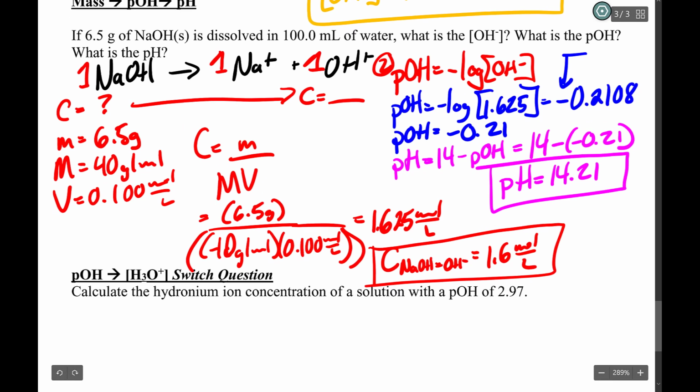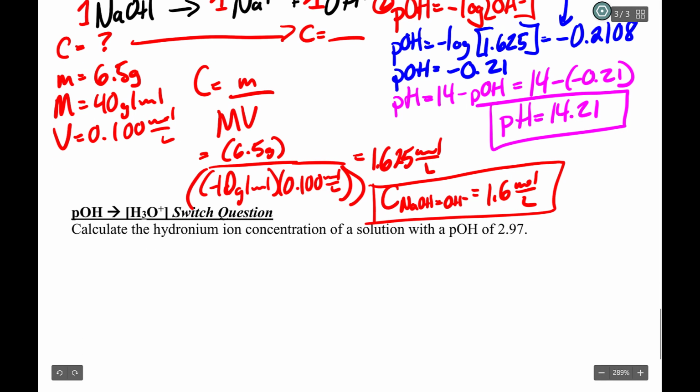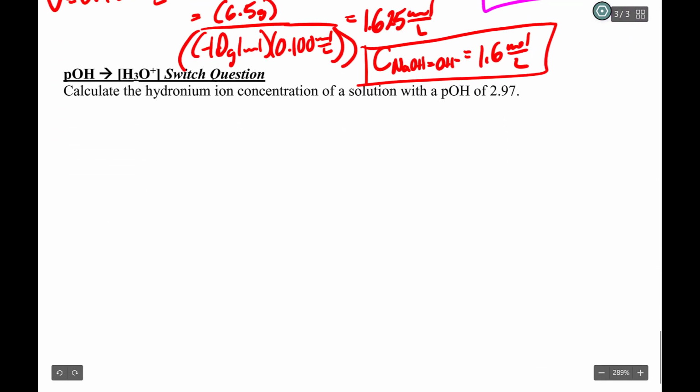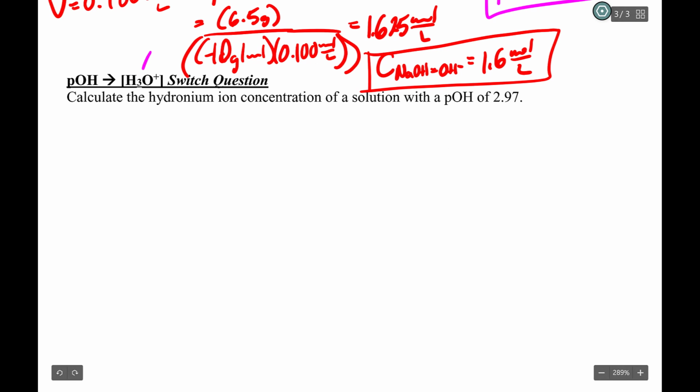Our last switch equation, we're going to start with a pOH and we're going to work towards a hydronium ion concentration. So I know I need at least a switch equation, but probably more. I'm trying to figure out acid information, which is hydronium, and I'm starting with base information, which is based around hydroxide or pOH.